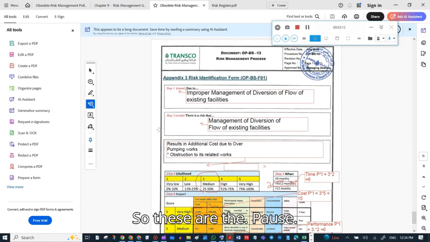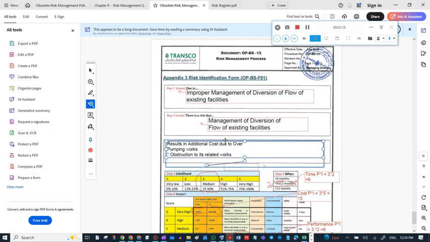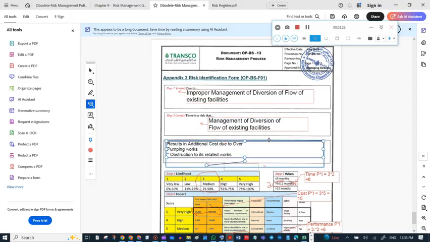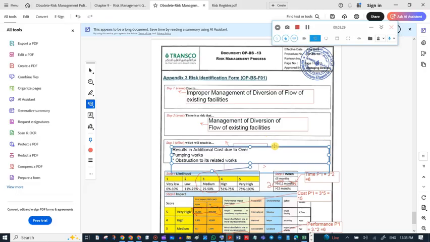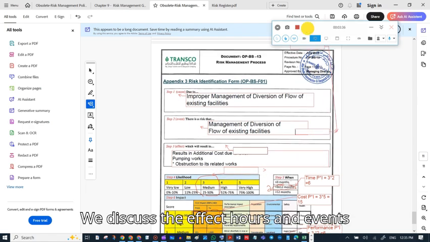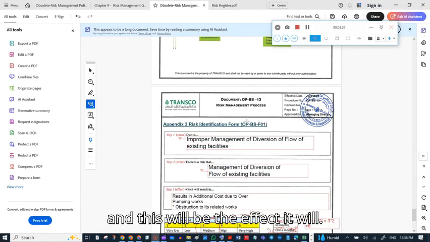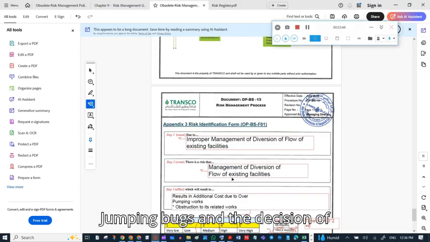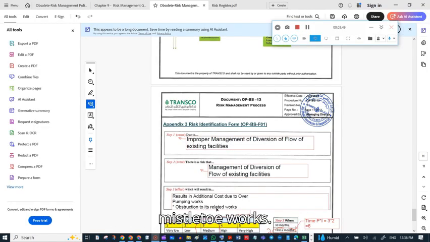So these are the cause and event, and this will be the effect: it will result in additional cost due to overpumping works and obstruction-related works.